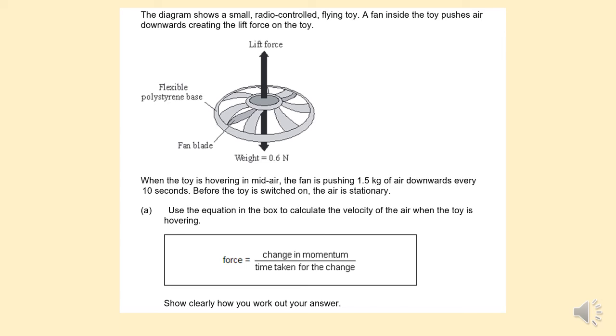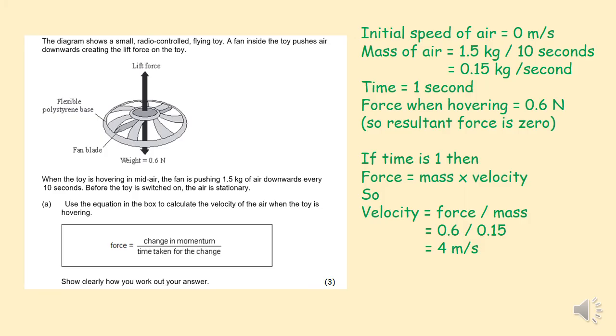So use the equation to calculate the velocity of the air when the toy is hovering, showing how you'd work out your answer. Now I've used one particular method to solve this by just considering what's happening in 1 second. There is another way which would end you up with the same answer.